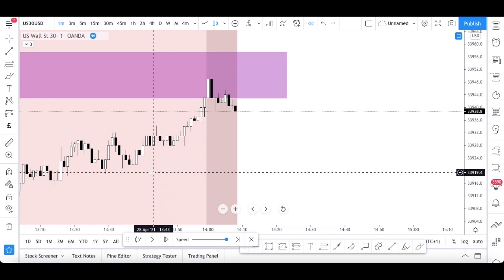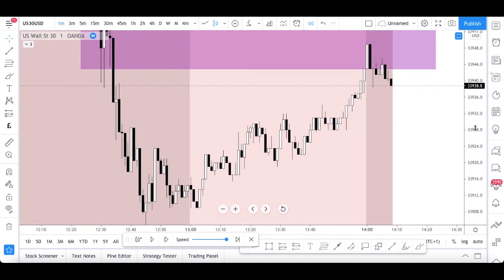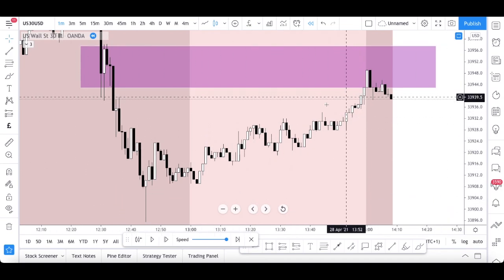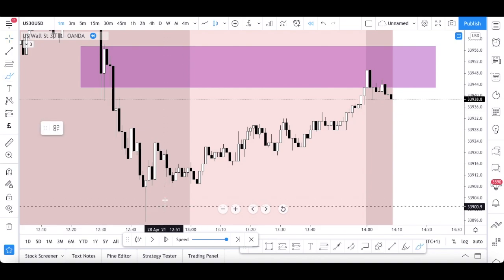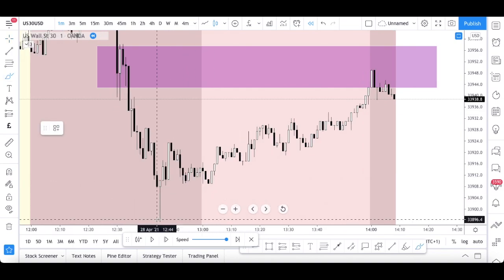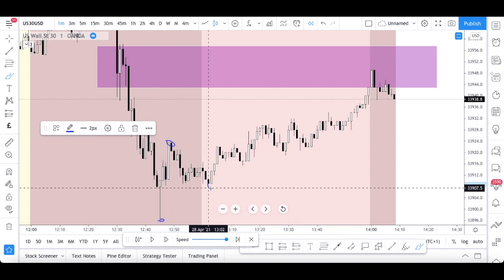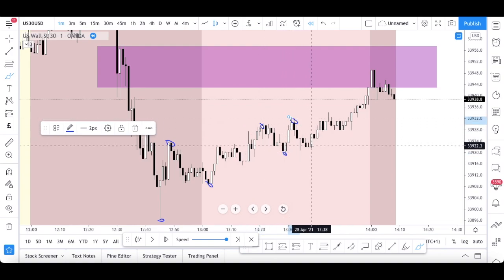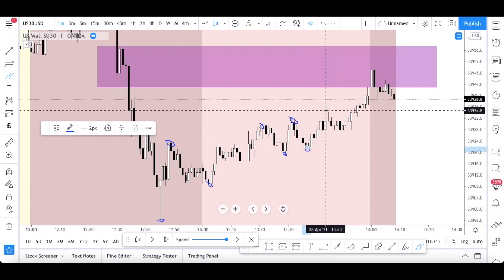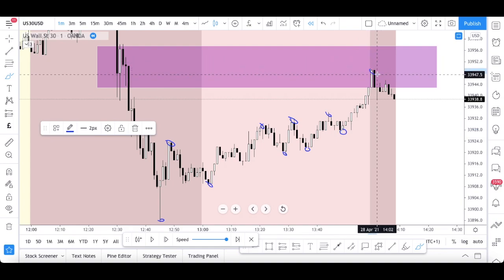Now, just establishing before we continue any further the actual uptrend that happened in here coming into our supply zone. We have a low point in here, and then a high, and then a higher low, higher high, higher low, higher high, higher low, higher high, higher low, and higher high.